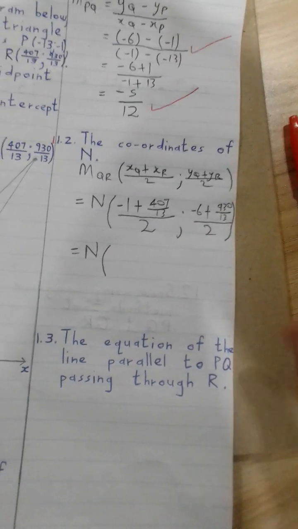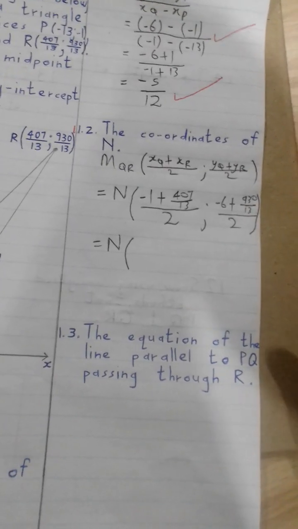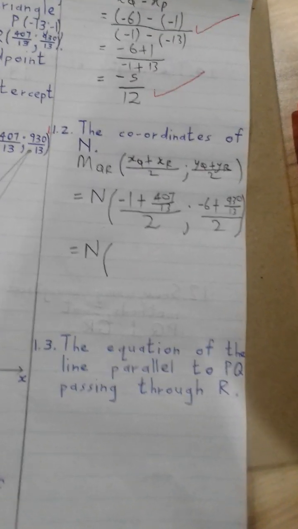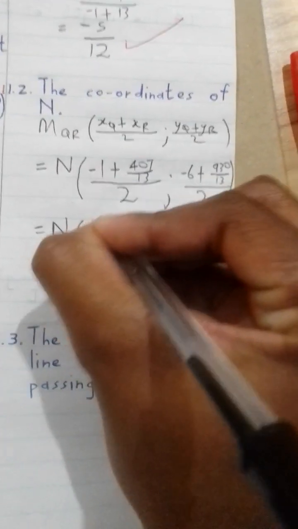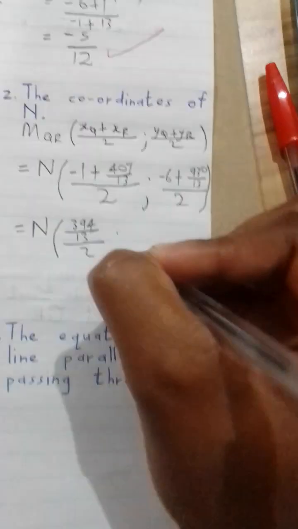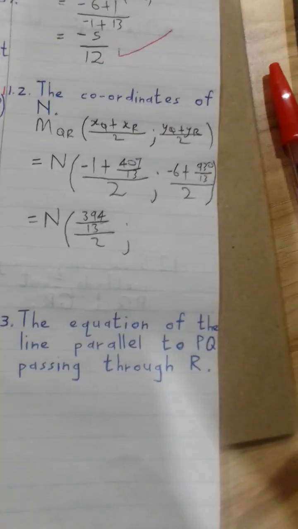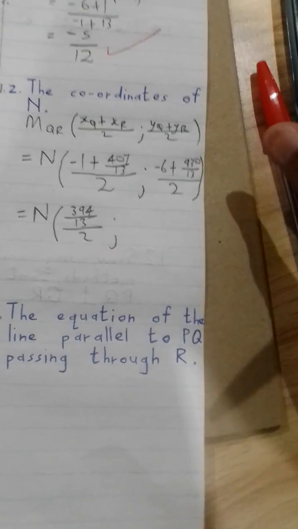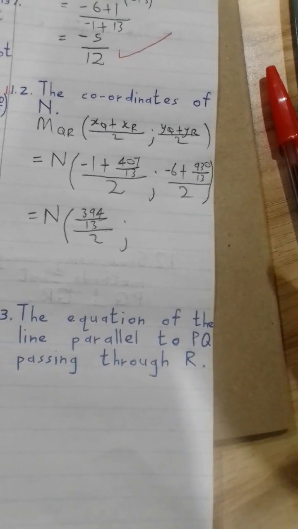So negative 1 plus 407 over 13, 394 over 13, all over 2, and then negative 6 plus 930, 852 over 13, all over 2.